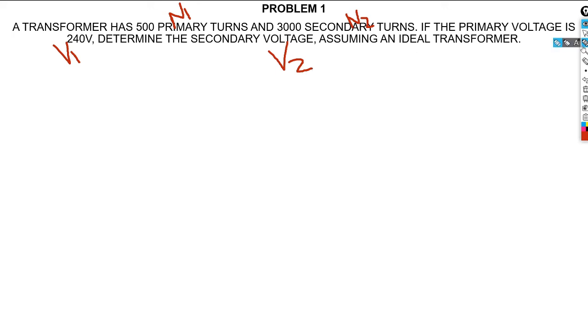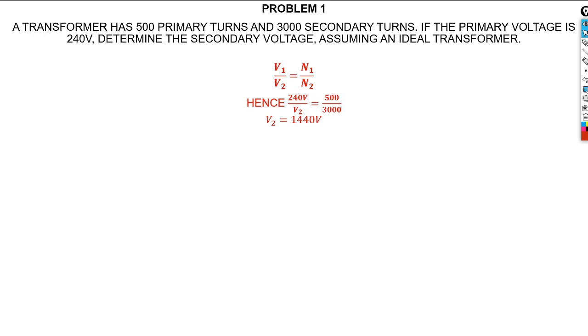What do we mean by ideal transformer? Once again, when the transformer is ideal, you can apply your KT ratio to determine the unknown voltage. So you apply your KT ratio, you substitute all the values, and as you can see, the only unknown becomes our V2. In this case, this is our KT ratio function.